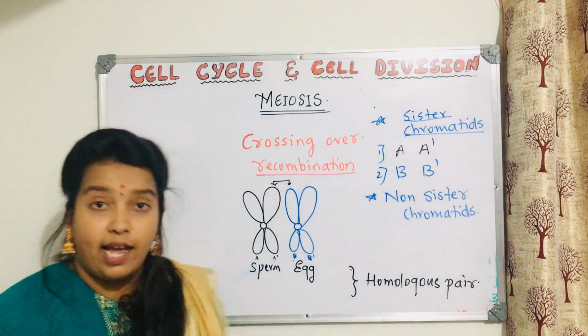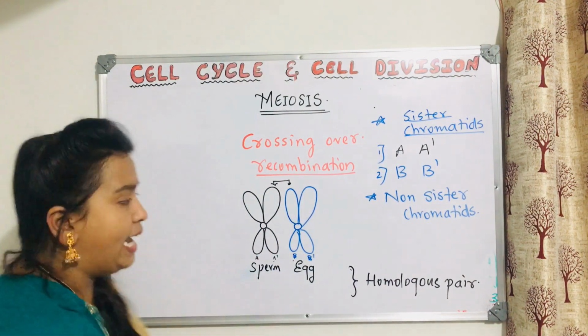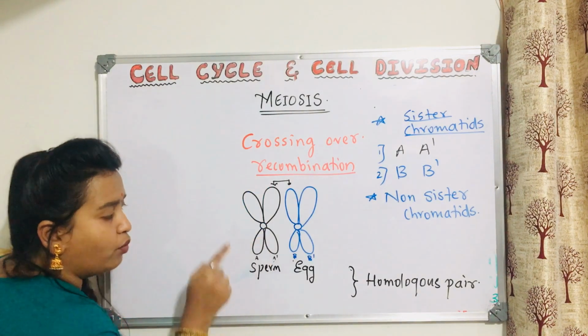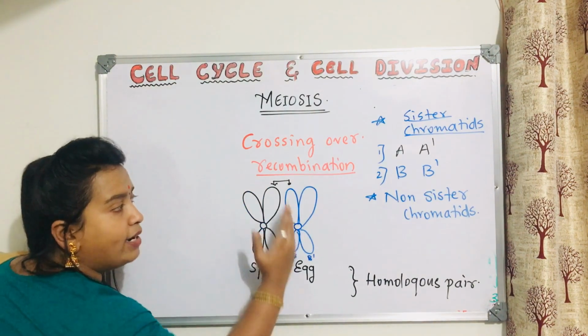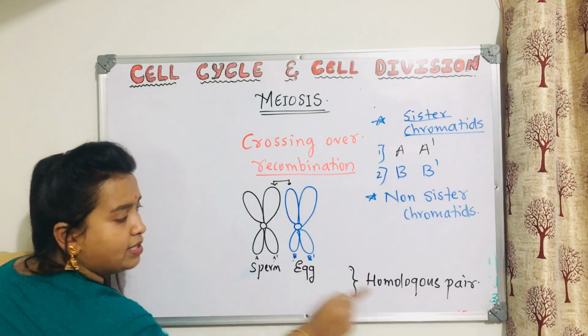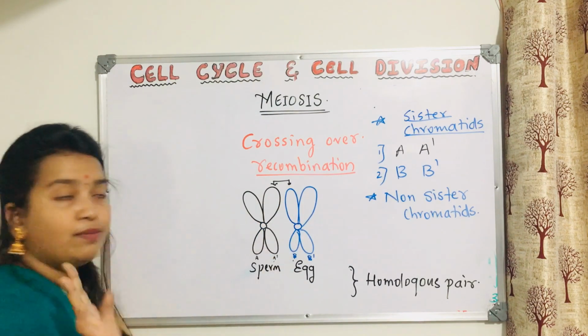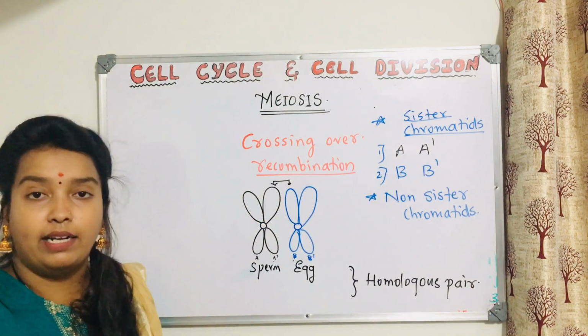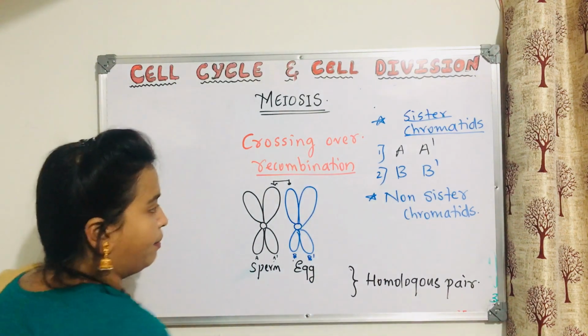So please try to understand. Whenever a homologous pair comes together, one chromatid of one chromosome of the homologous pair and the other chromatid of the other chromosome, I mean this and this, these both are not sister chromatids. We call them non-sister chromatids. So if I write an example, you'll remember.